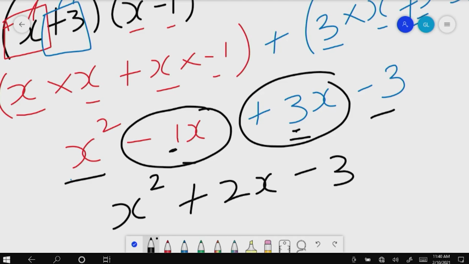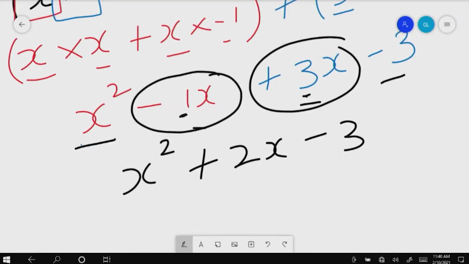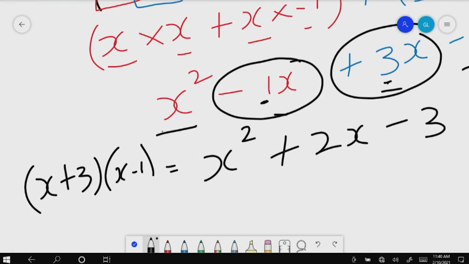Now when we finish expanding (x + 3)(x - 1), we have this equivalence here as being x squared plus 2x minus 3. They're asking us for the coefficient of the x term.